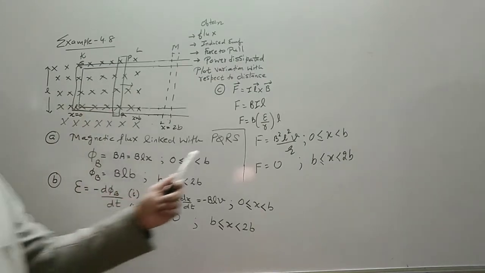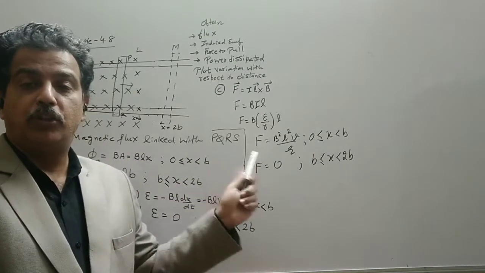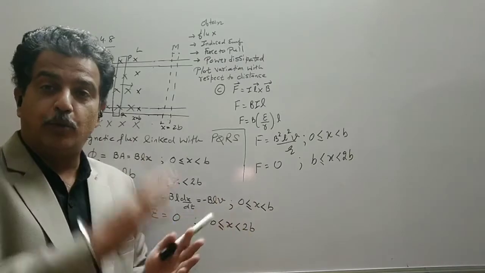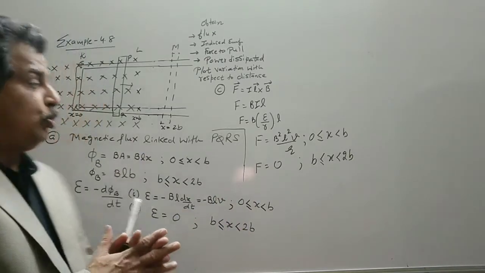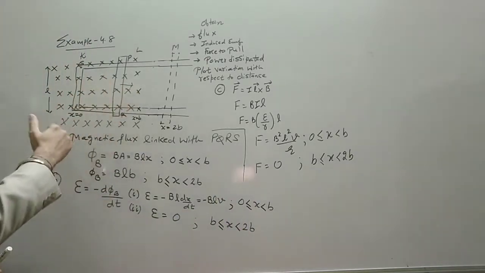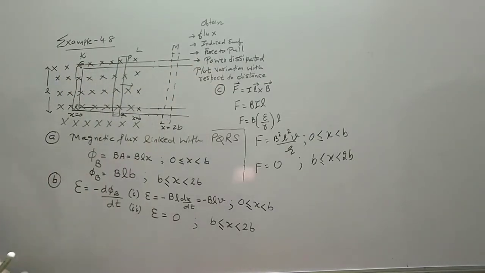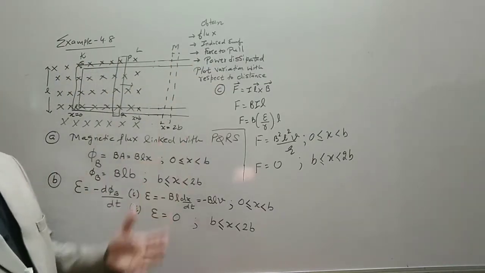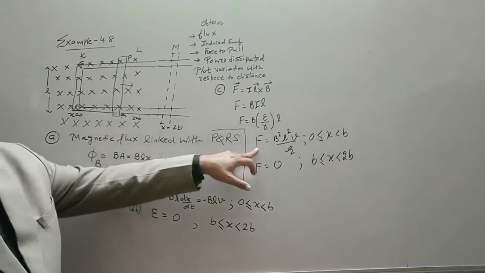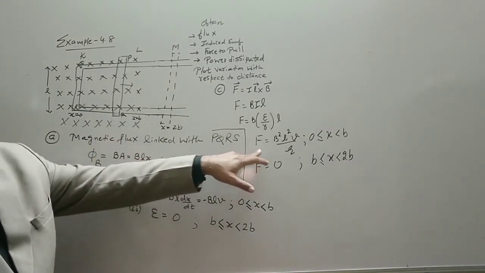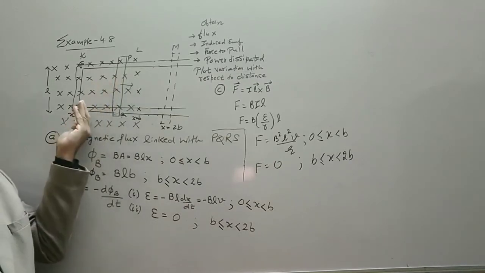This is the magnitude of force, and we know the direction of this force is opposite to the direction of our motion. So if I am pulling this rod outward, I should apply at least this much force, but this force acts in the opposite direction.